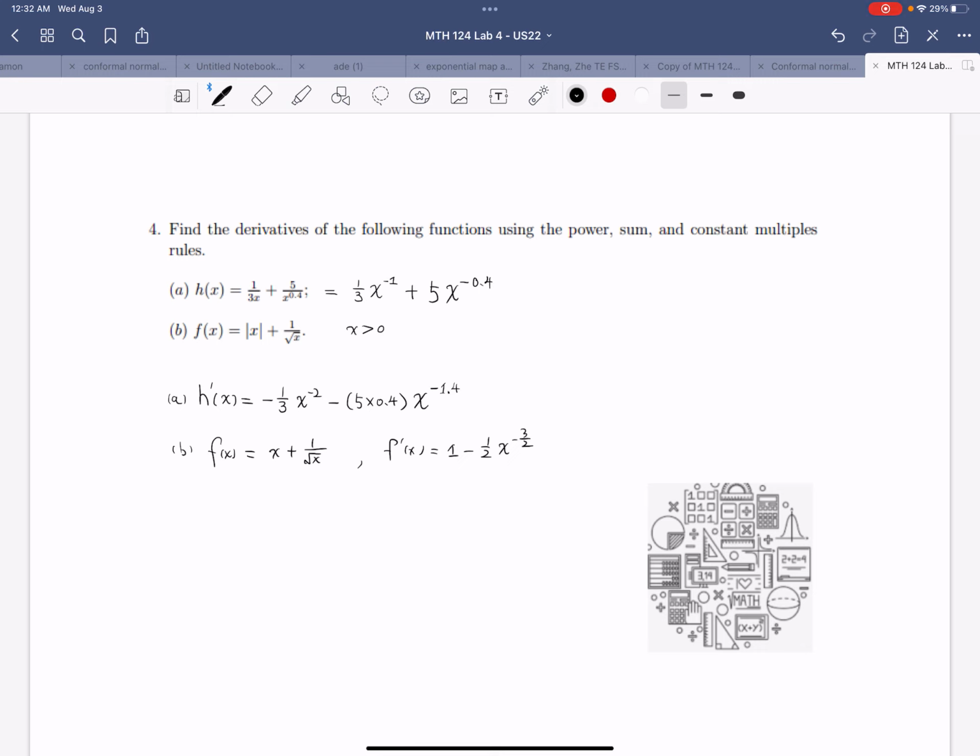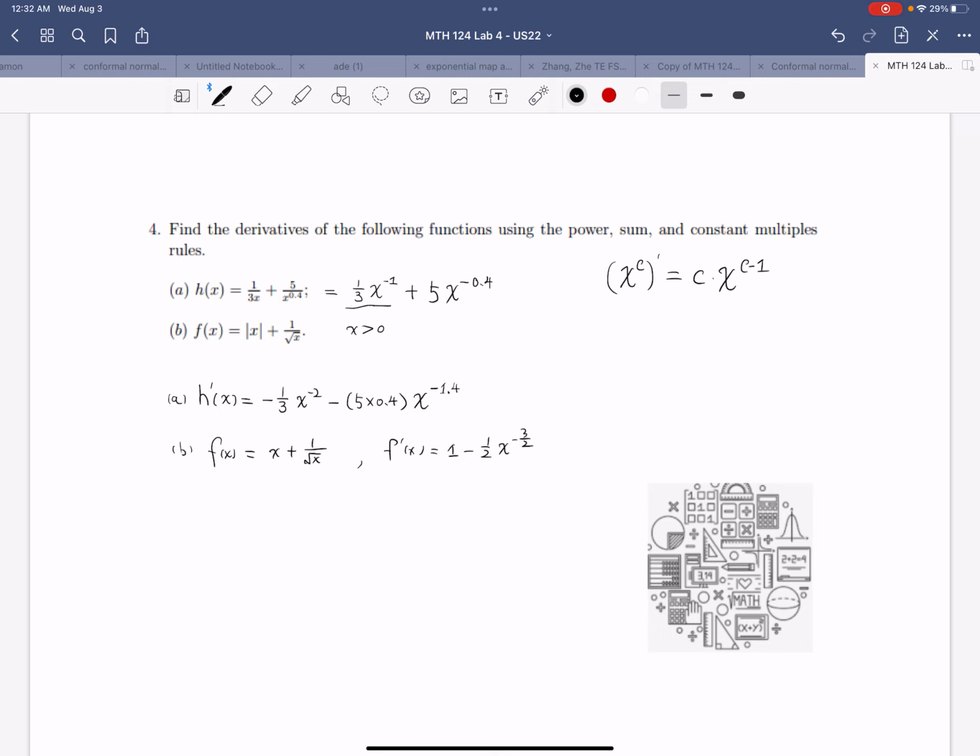The power rule says that the derivative of x to the power c is c times x to the power c minus 1. We make use of this rule to get the derivative of h.